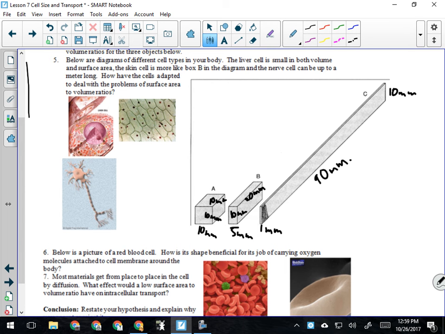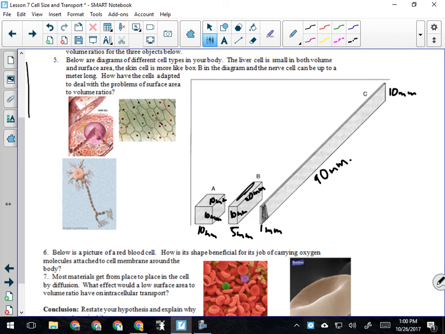Now, luckily, the top, so this side right here, and the bottom are the same. So I calculate the surface area of this side, multiply it by 2. Calculate the surface area of the front, multiply it by 2. Okay, the side, multiply it by 2. Add them together, you've got the surface area of that shape. Okay, everyone follow there? Same thing for the big long one. So what we're looking at in question number 4 is that can a cell change its shape to help with its surface area to volume ratio?